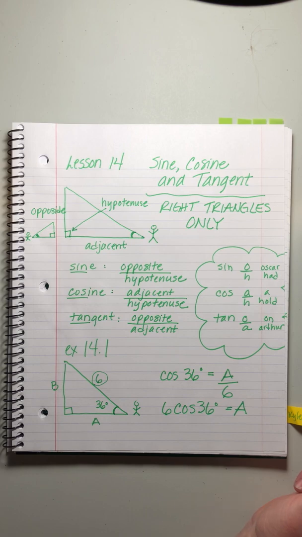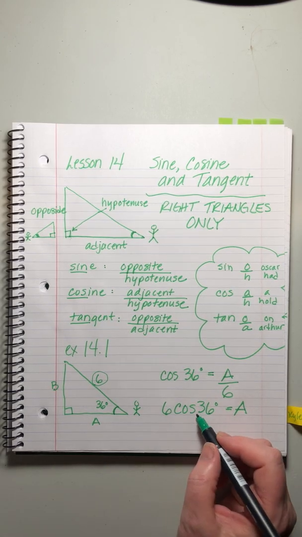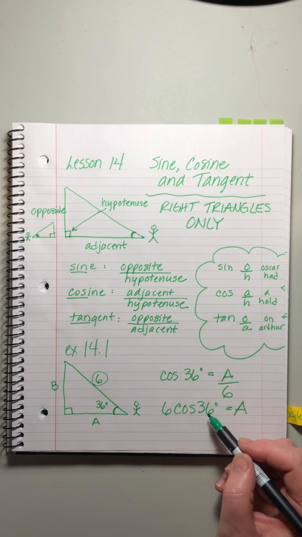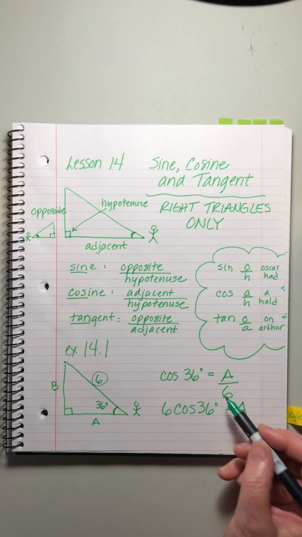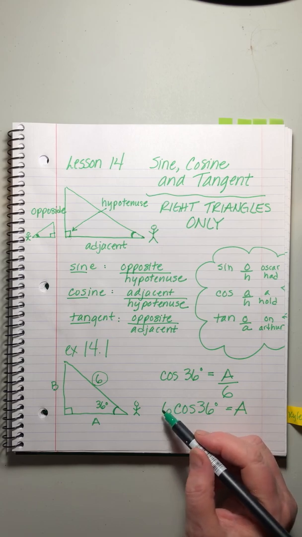Now it's a simple matter of going to your calculator, and we want to work backwards. What you'll do is locate your cosine button, then enter 36, hit cosine, and then multiply it times 6.